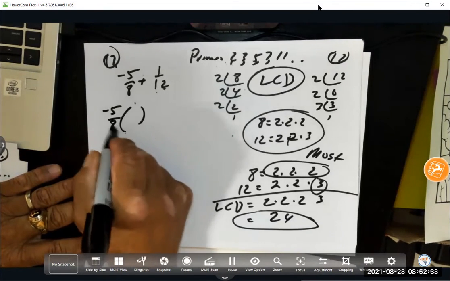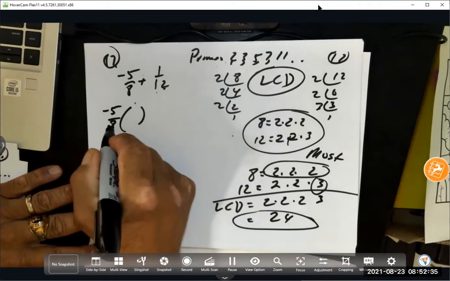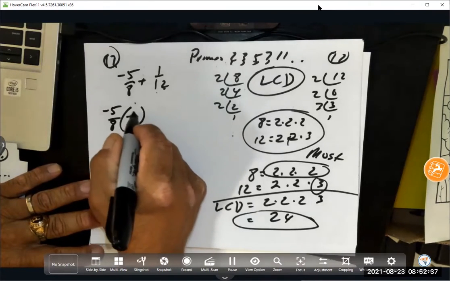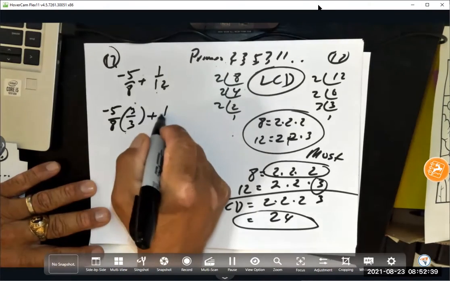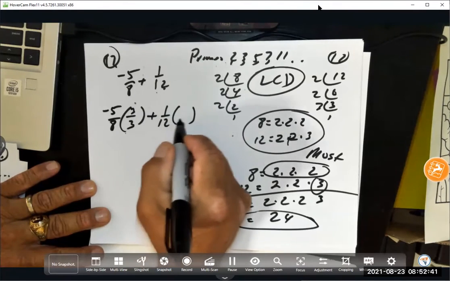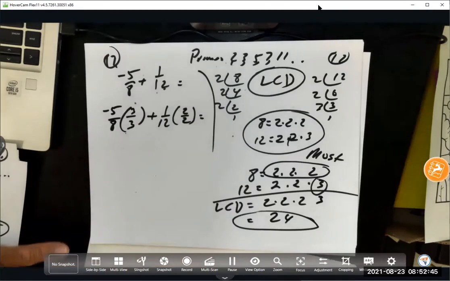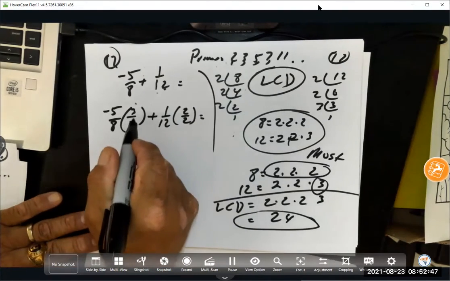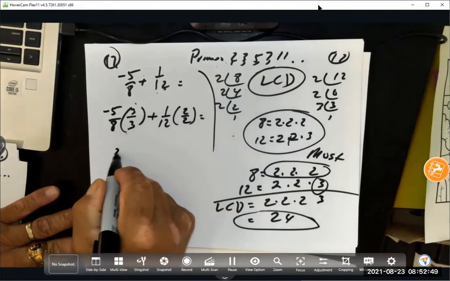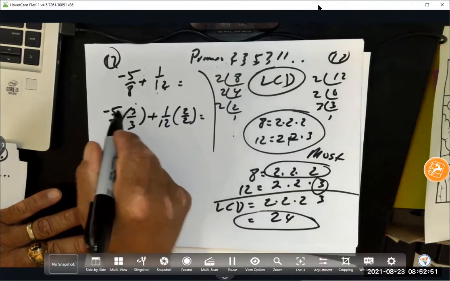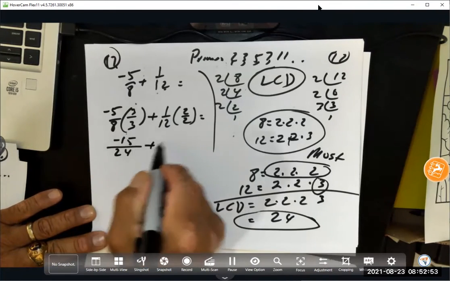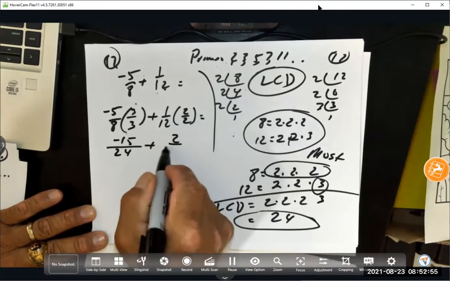All right, what number gives you 24? The answer is 3 times that will fix it. This one, what numbers give you 24? 2 and 2 goes like this. So that times that is going to be 24 in the bottom, the denominator, and 15 on top. And this is going to be 2 over 24.